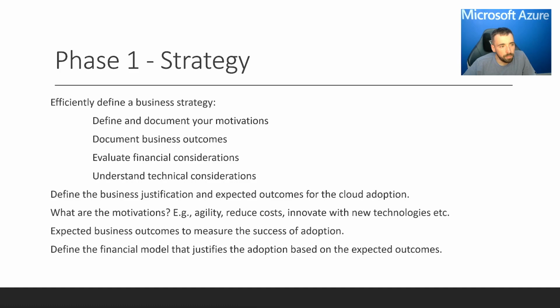So the motivations, some examples here: agility, reducing costs, innovation with new technologies, and the expected outcomes that we define in phase 1 is what will later be used to measure the success of the cloud adoption. And we also, in phase 1, define a financial model that justifies adoption based on the expected outcomes.